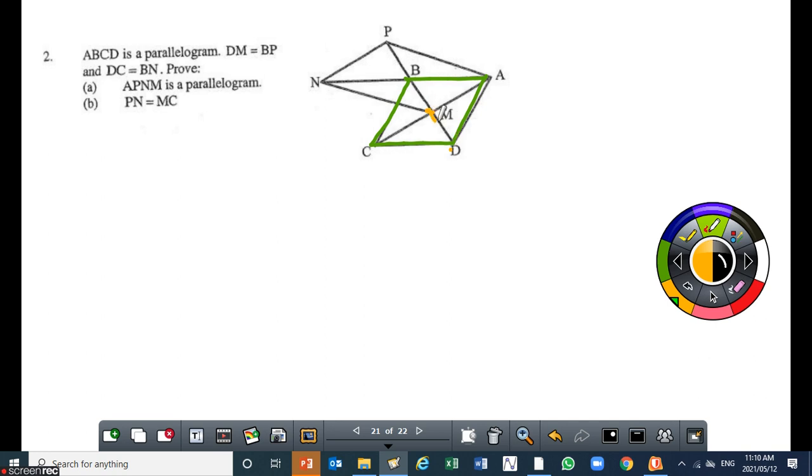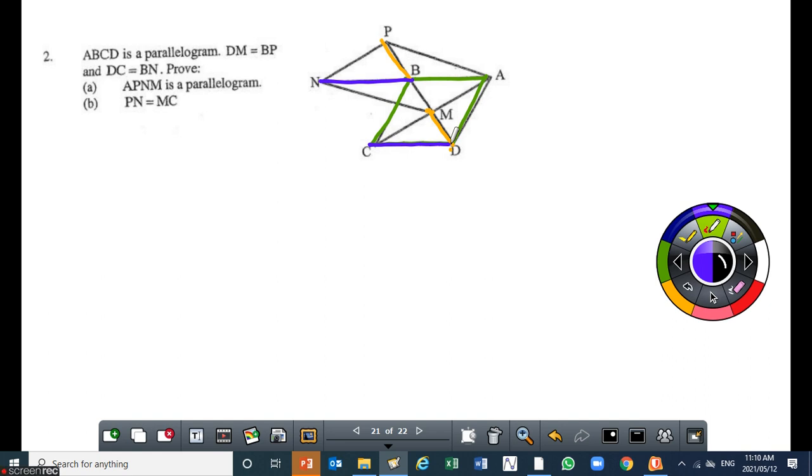Okay, let me use this color. That's DM and that's PB. Okay, they are equal. Also, DC is equal to BN. Let me use the blue color. So these two are also equal.